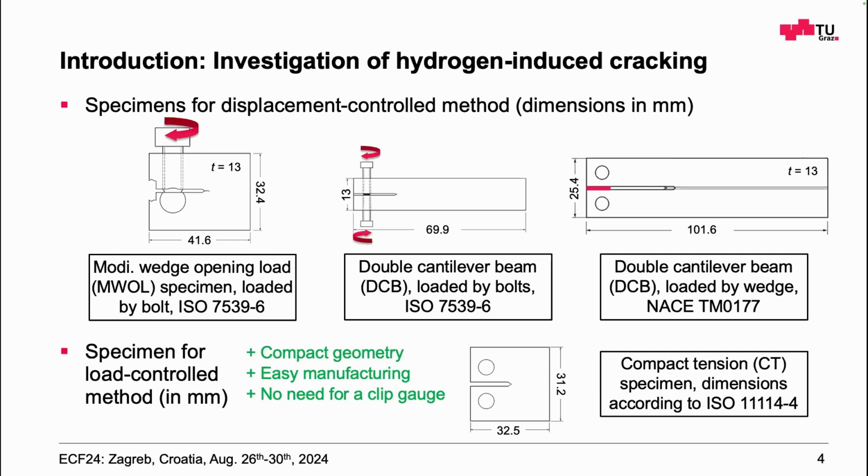For example, here you do not need any threads, as for example here, and any of you perhaps know, if you are investigating some Inconel alloys, for example, how difficult it is to get the thread inside of such a material. Yeah? So this means the manufacturing here is easier. And for applying the load, for measuring the displacement, you do not need a clip gauge with this method.